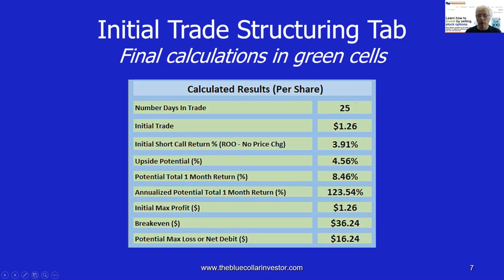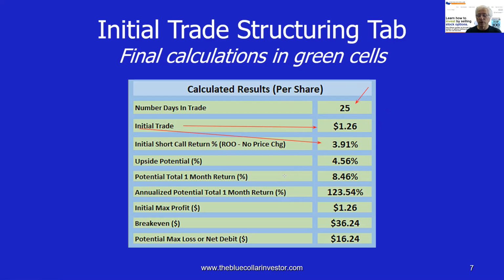Remember, we're still in the first tab, initial structuring. So the information here, we mentioned before, it's a 25-day trade. And we want to make sure, this is the key tab here now, that there's a positive number for the initial trade. In other words, if it's closed at that point in time, it closes at a profit of $1.26 per share, which would then represent a 3.91% 25-day return.